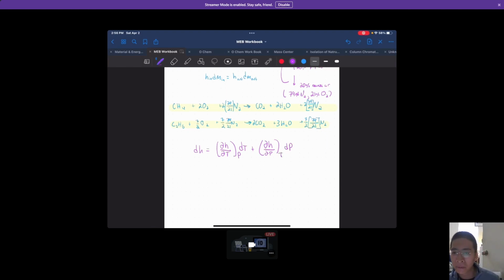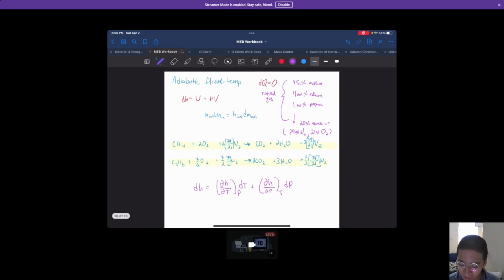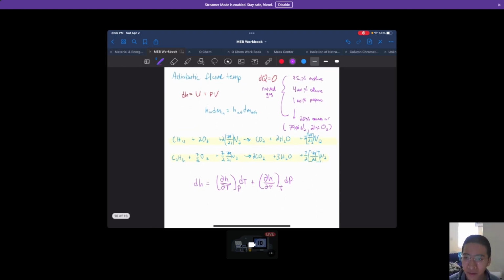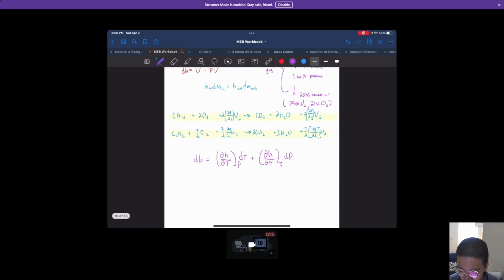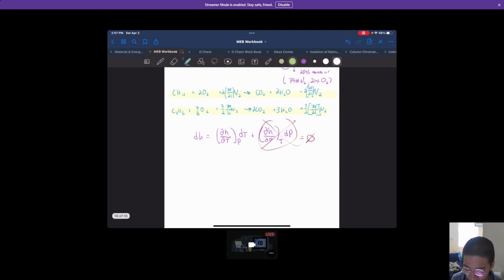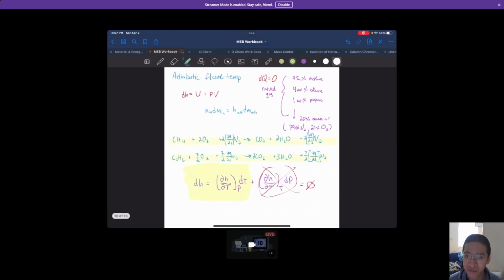And we can further simplify this expression because we know that this reaction is happening at an assumed ideal gas. Therefore, this term is equal to 0. Okay? Therefore, this is our term for enthalpy. Okay? We'll meet you in Python, where we're going to continue solving for this temperature of an adiabatic flame.